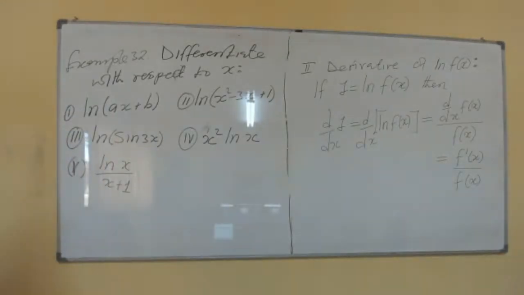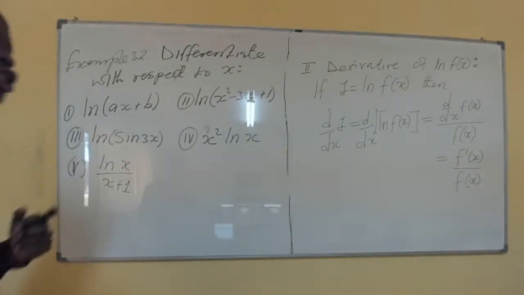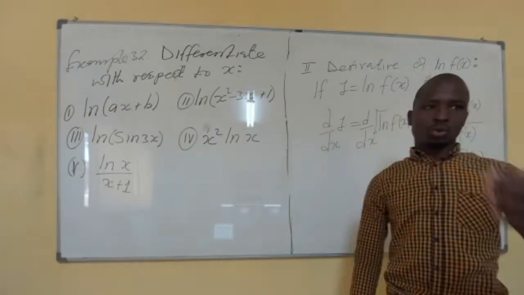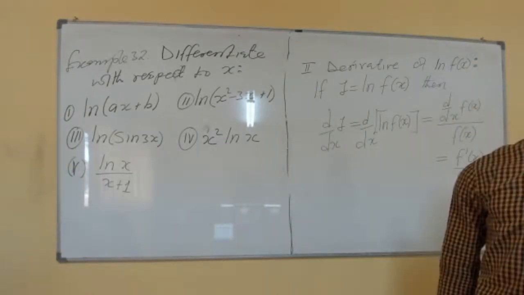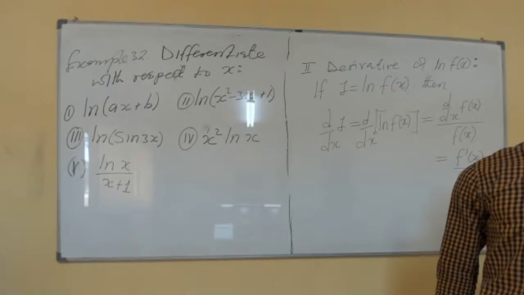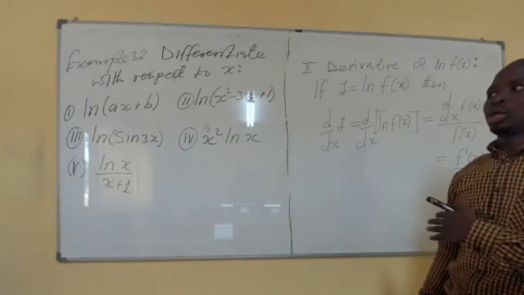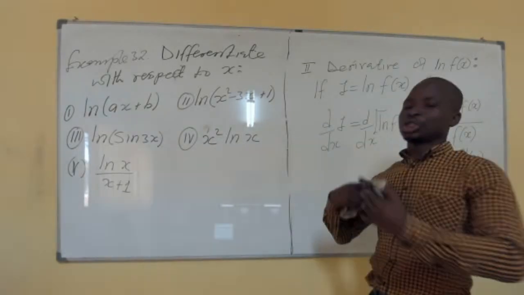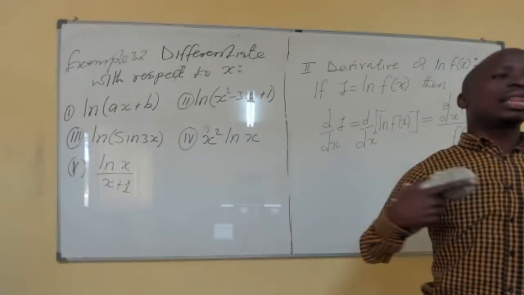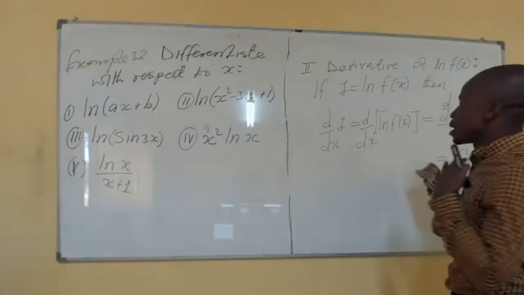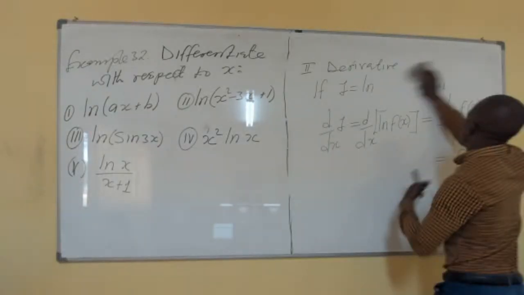It does not matter how the question has been phrased, but remember that you learn the first basic rules, because these basic rules are applied in each and every question you encounter concerning differentiation. So you apply the chain rule, the quotient rule, the product rule, the sum rule, whatever rule you learned.